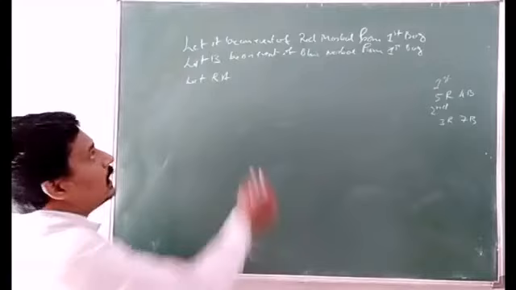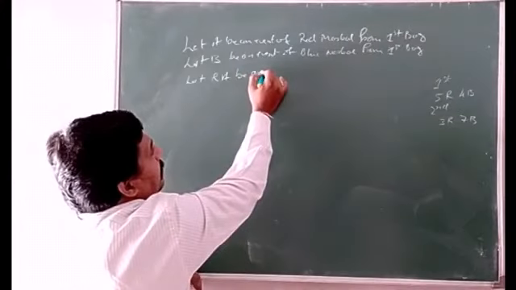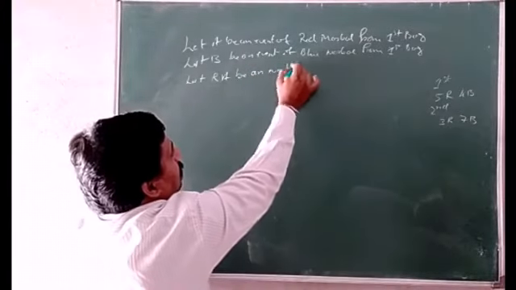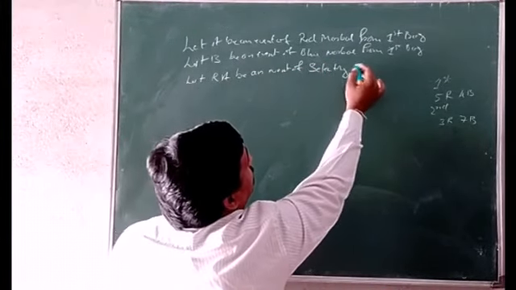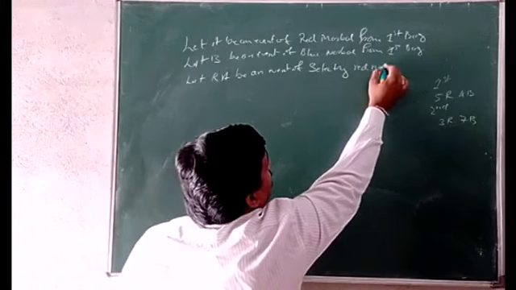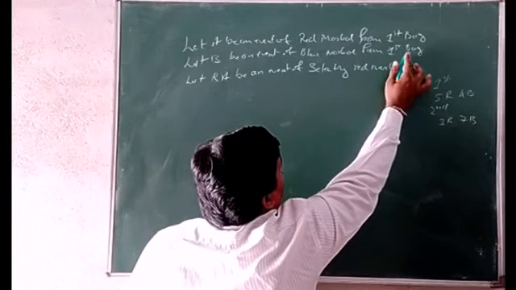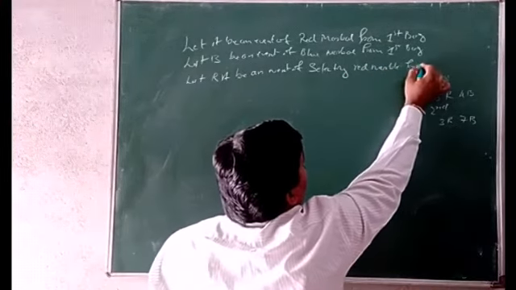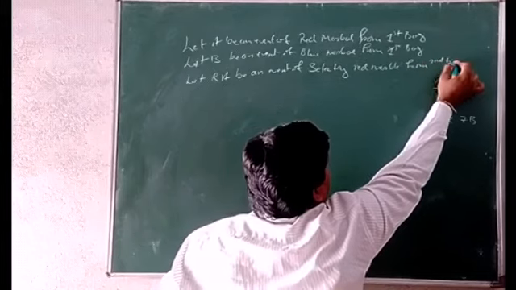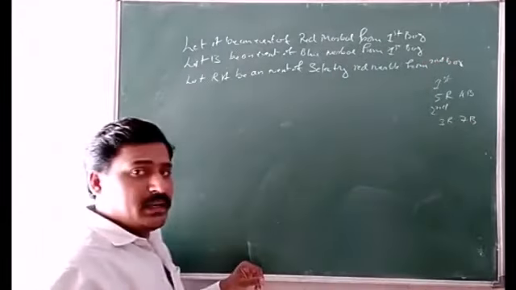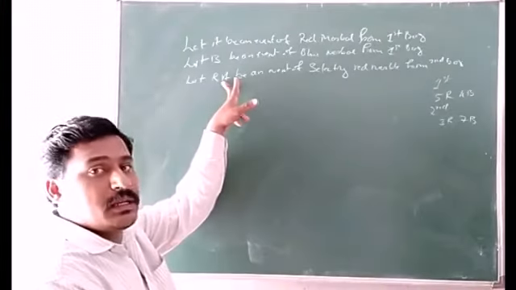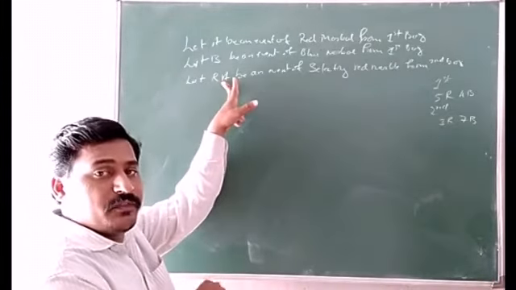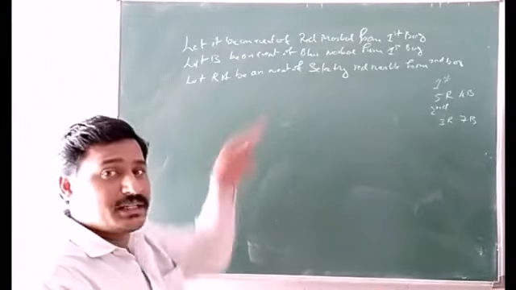So RA be an event of selecting red marble from second bag, assuming that the marble from first bag placed in second bag is red.